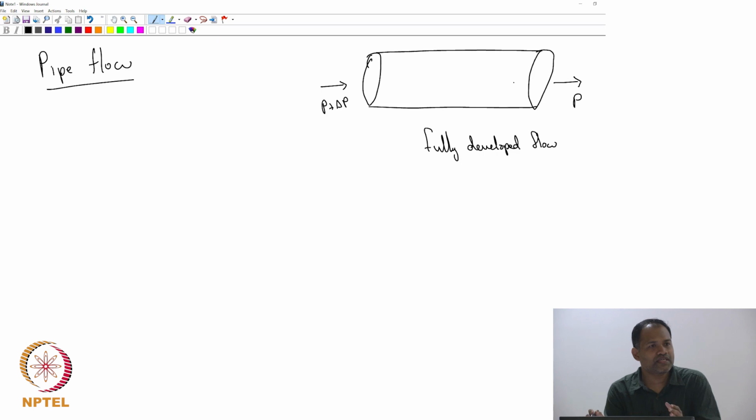We are basically dealing with fully developed flow because entrance length may not be so long, while we might be talking about pipes which are kilometers long. Then we don't really care what happens at the initial portion. So, let us neglect that initial portion and work only with the fully developed flow for the time being.